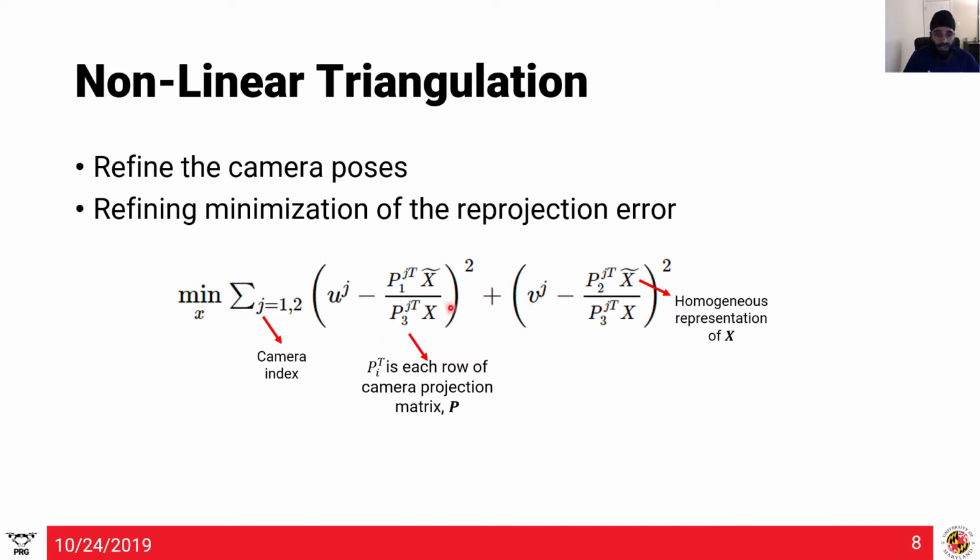Why are we dividing by the third row? It is to normalize, okay? And the last thing to note is that x tilde is a homogeneous representation of my x that we talked about before. So this part is for the first image or the first view, and this is from the second view. So we want to add them, and we want to minimize this to refine my camera poses.